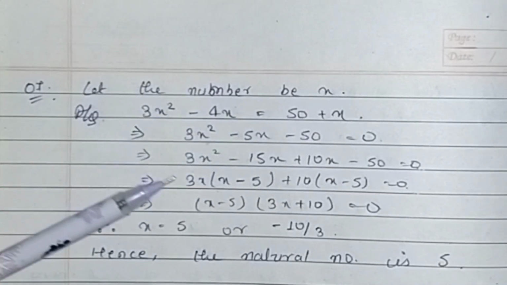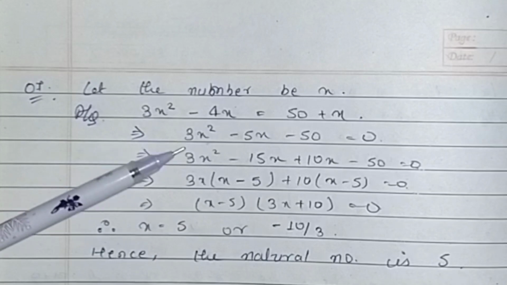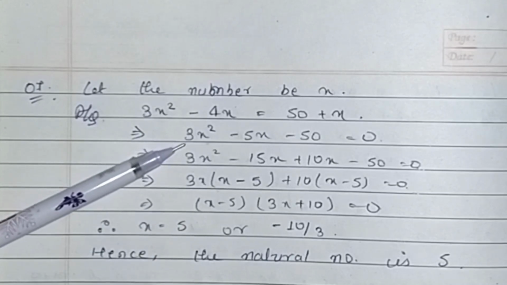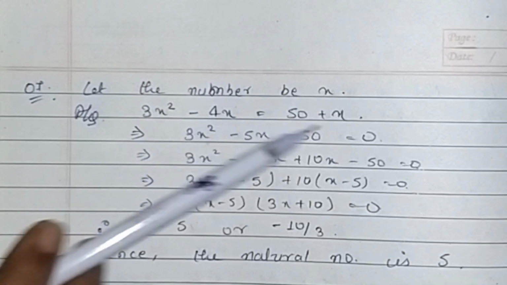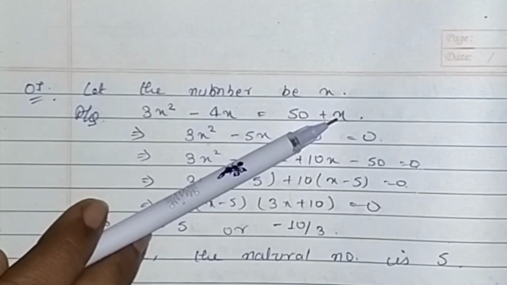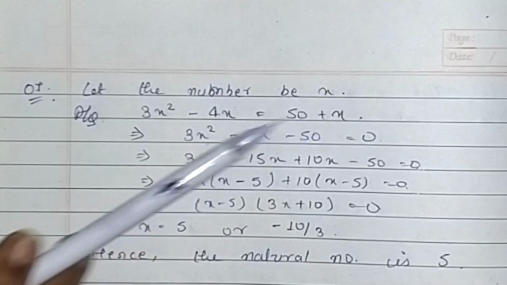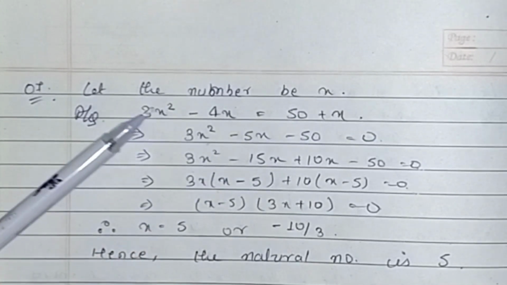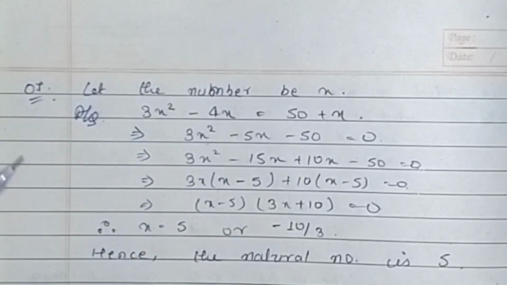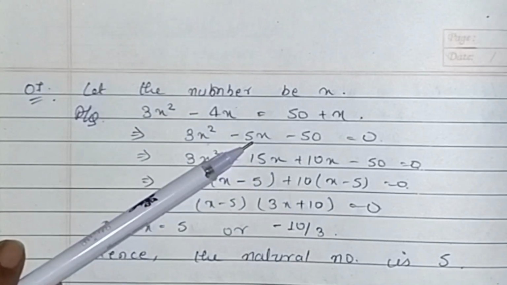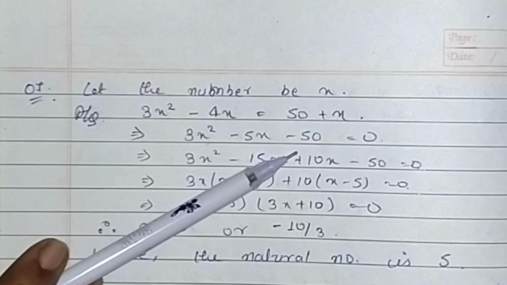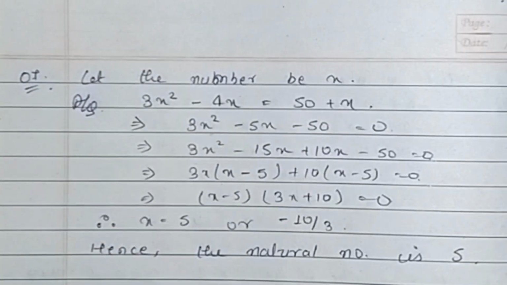Now we will solve this equation, which will give 3x square minus 5x, because here we have minus 4x on the left side and positive x on the right side. When the positive x comes to the left side, it becomes negative x, and when added, we get minus 5x minus 50 is equal to 0.